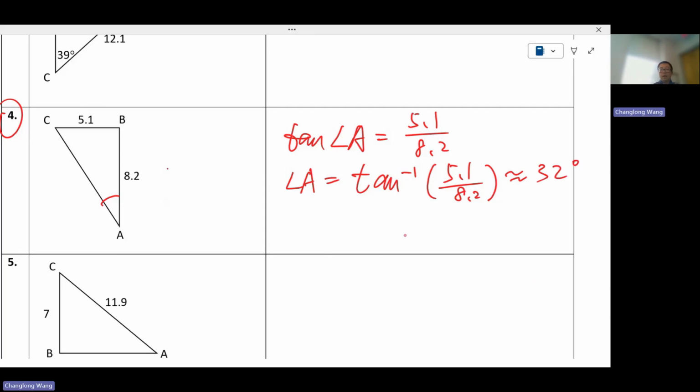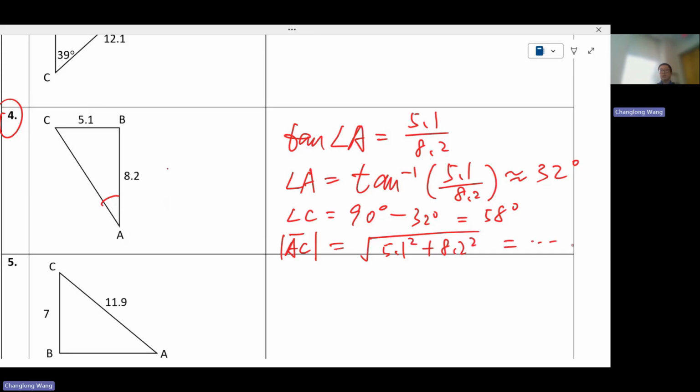Now the rest of the work will be super easy, because angle C is the complementary angle, 90 minus 32, which will be 58. And what else? The remaining side, CA or AC, that's the notation for the segment. AC is the square root of the sum of the squares, so it'll be 5.1 squared plus 8.2 squared, and you can figure out whatever it is.